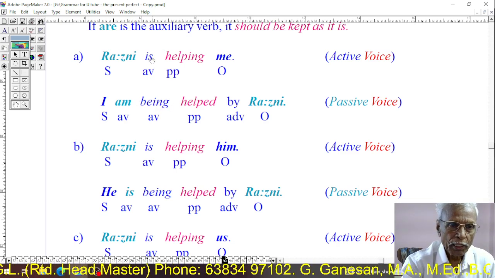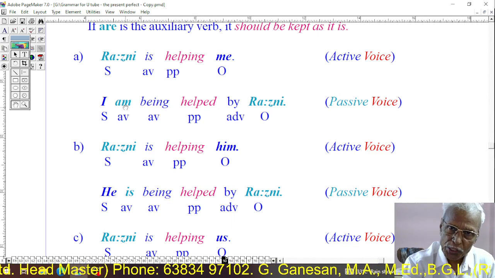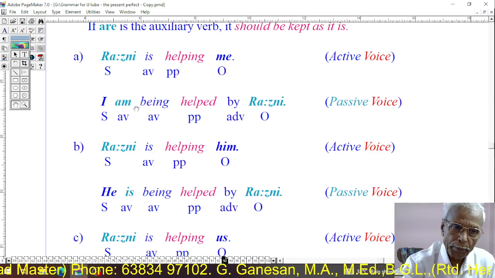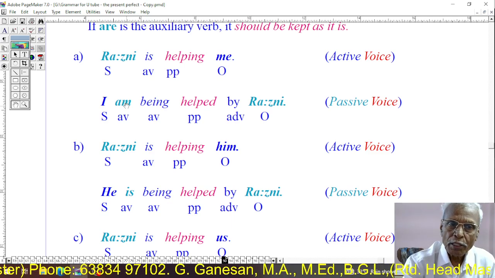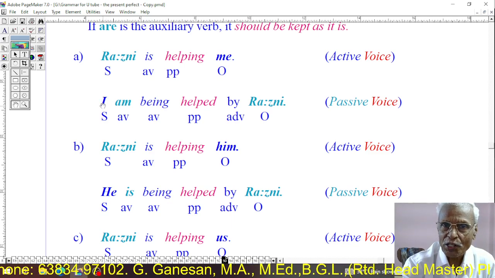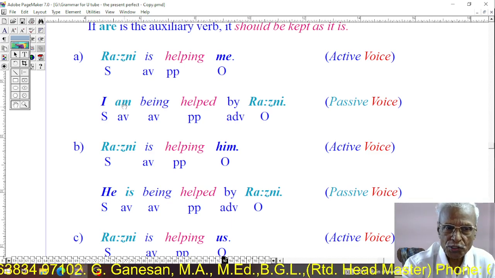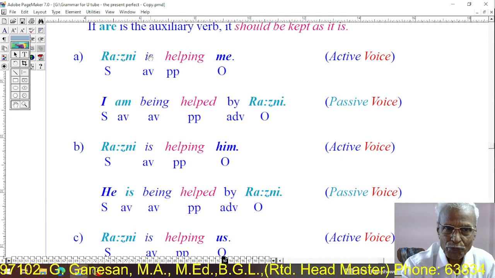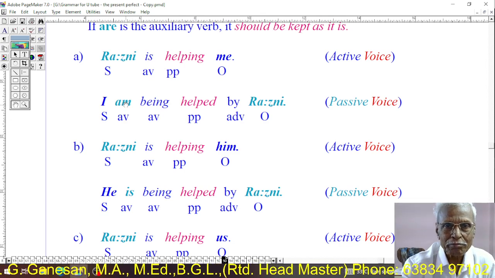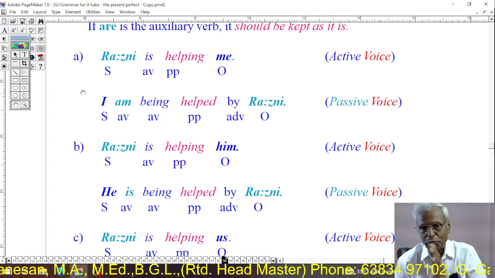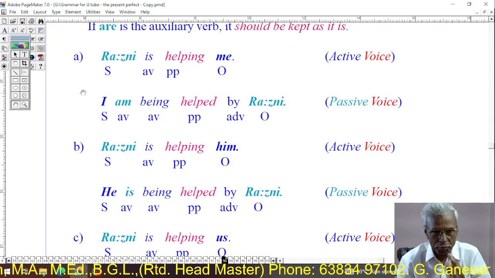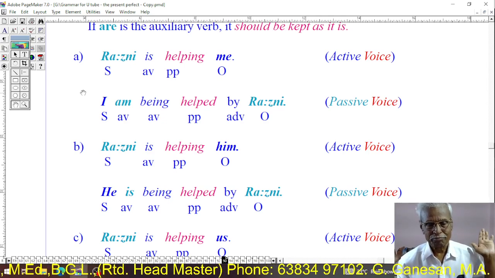Then a present be verb should be placed before being. As the subject here is I, am should be placed. That is, this is should be changed into am. So, Ronnie is helping me, active. I am being helped by Ronnie.